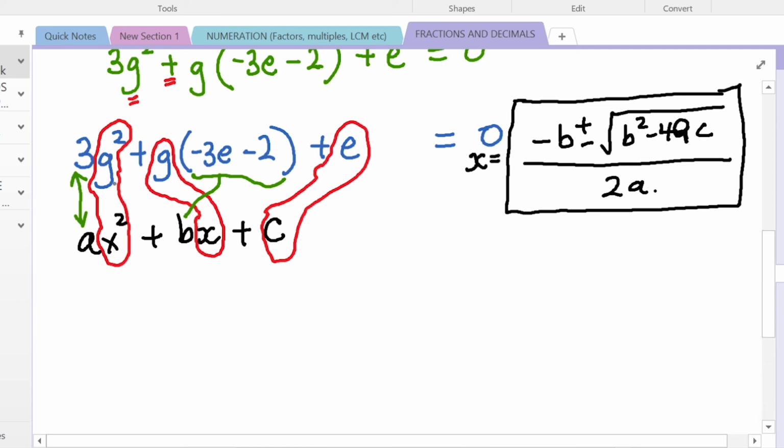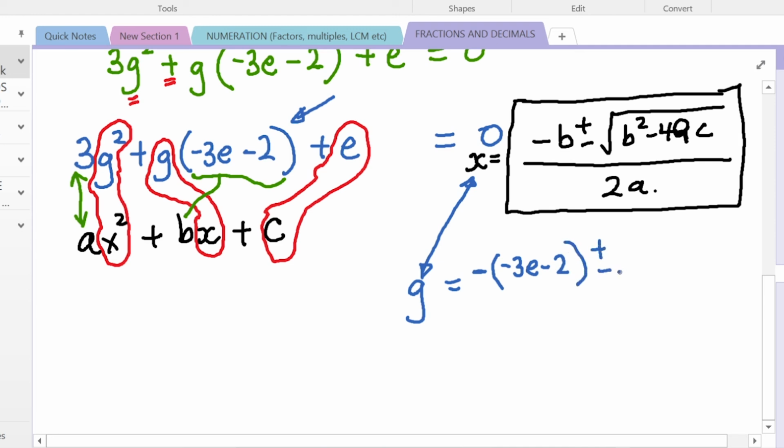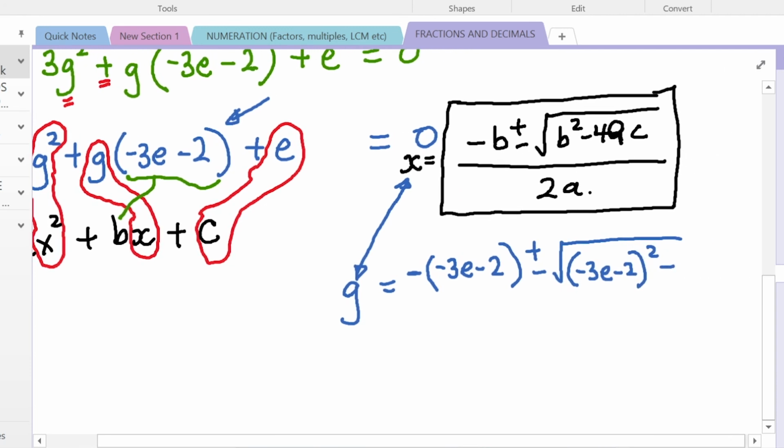Now here, since our value of x is g, we can substitute in this. So our value of g, which so happens to be our value of x, according to this expression, is going to be equal to minus b. Now what's our value of b? I think you can see, minus in brackets b, which is negative 3e minus 2, plus or minus the square root of b squared. What is b squared? b squared is negative 3e minus 2, squared, minus 4ac.